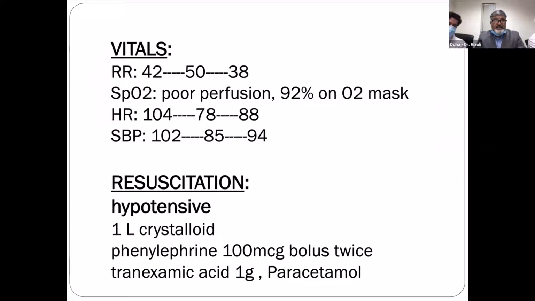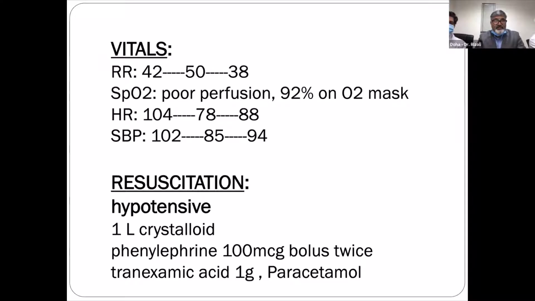The vitals as recorded by the EMS personnel: his respiratory rate was fluctuating between 42 to 50 at a point of time and then coming down to 38. The pulse oximetry was showing poor perfusion initially, but on some supplemental oxygen, he saturated to 92%. Heart rate initially 104 and then recorded to be 78 and subsequently 88.